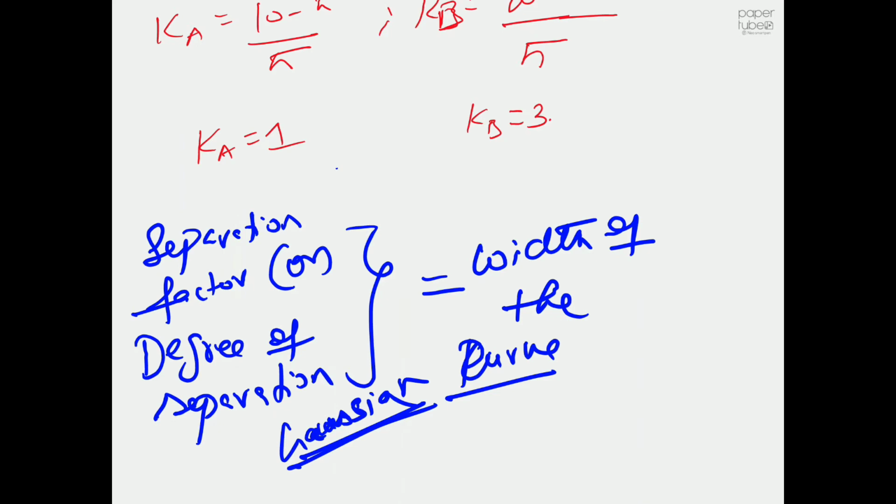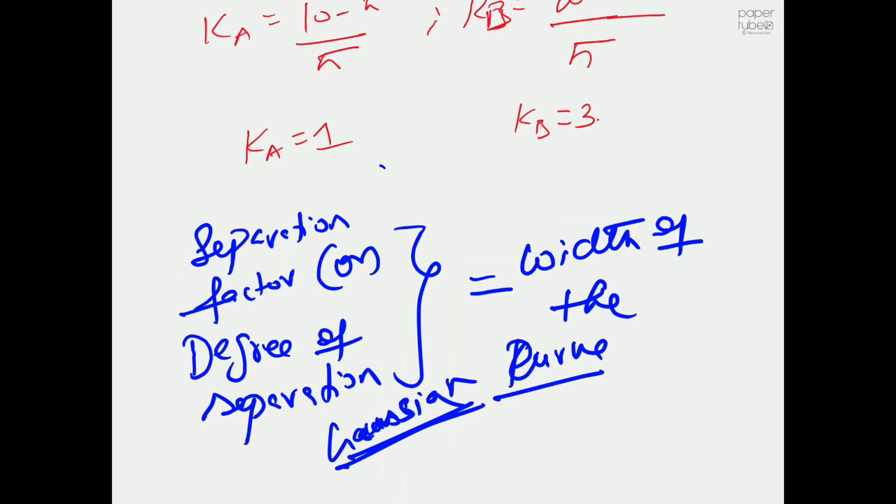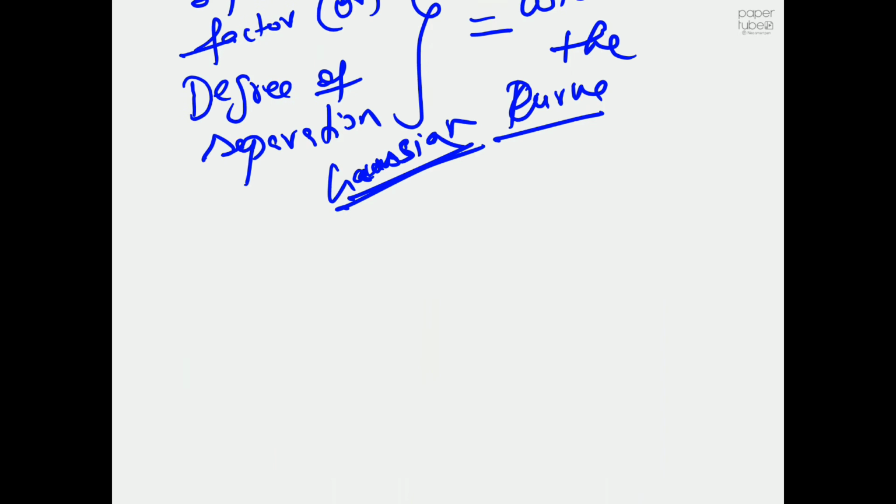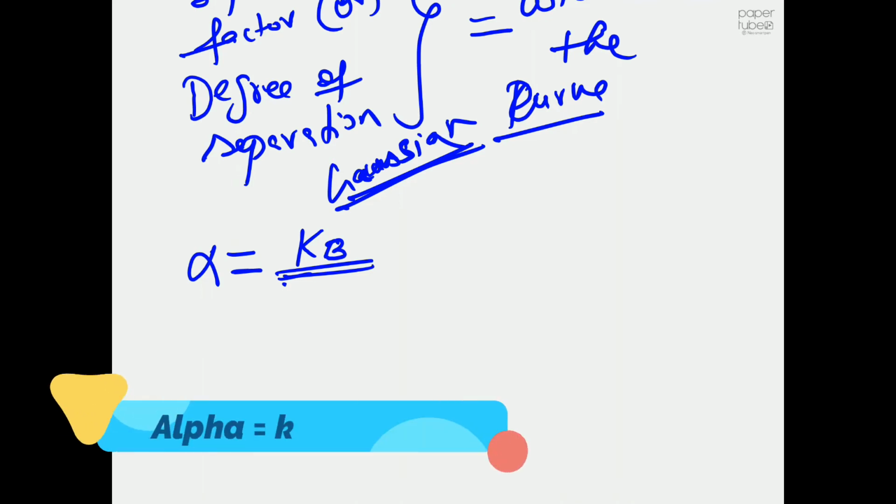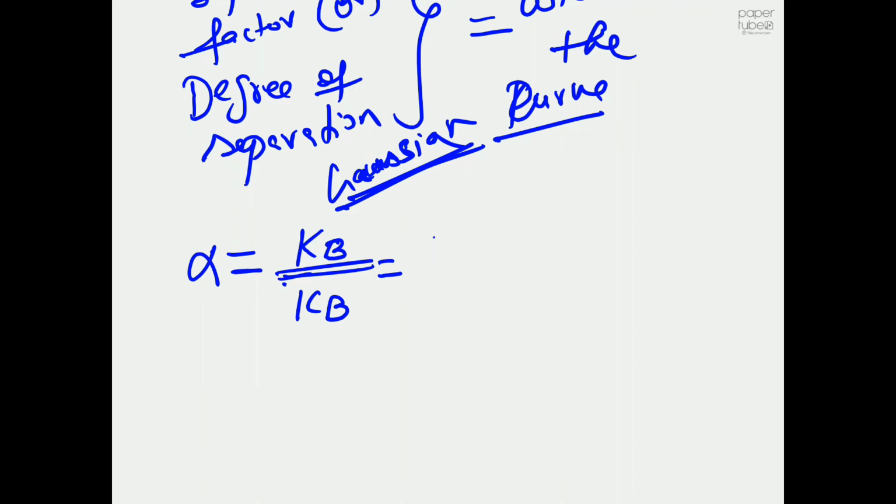So let's try to calculate the separation factor for both of these experiments. Alpha will be equal to Ka, no, in this case Kb, because that one elutes second and Ka elutes first. So Kb by Ka, that will be equal to 3 by 1. So 3.